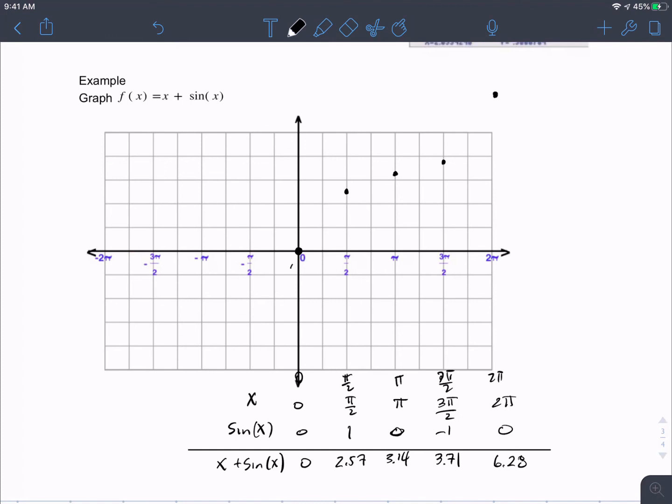And so this curve is going to look something like this. And that is the graph of x plus sine of x. So when we're trying to add or graph two functions, we're going to find each one's function values and then add their y values to be able to then plot the points.